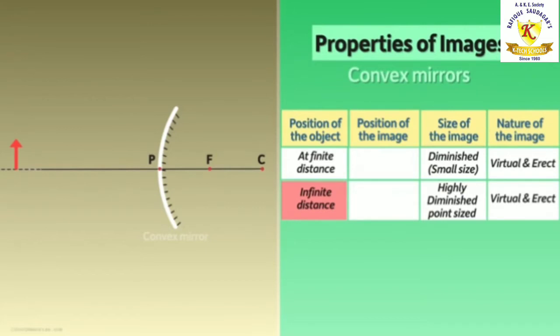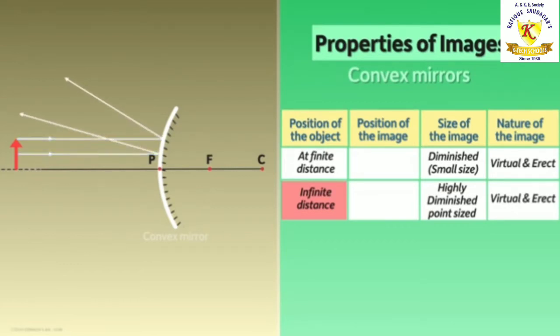Now children, if you remember, I told you that the rays of light coming from an object at infinity are considered to be parallel to each other. And we know that two rays are sufficient to draw a ray diagram. So we will take any two parallel rays striking the mirror.